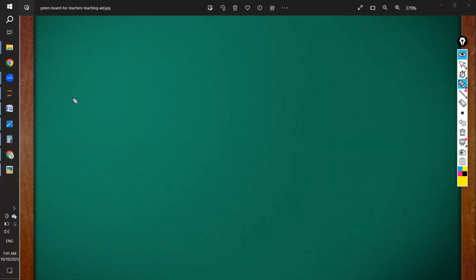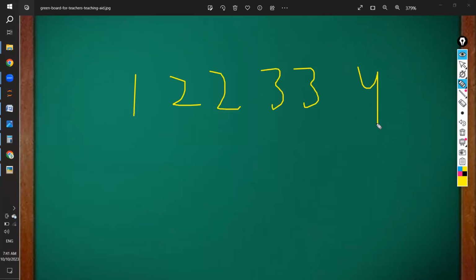Yes, sir. Now can you tell me what is the mode here? 2 and 3. Yes, 2 and 3. Now what is the mode here?